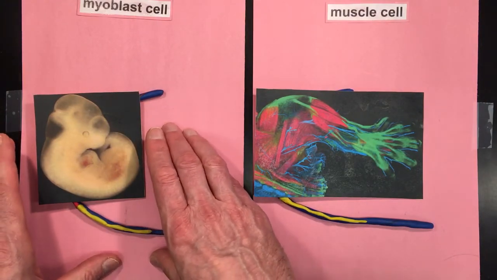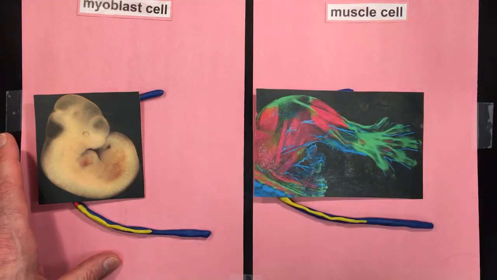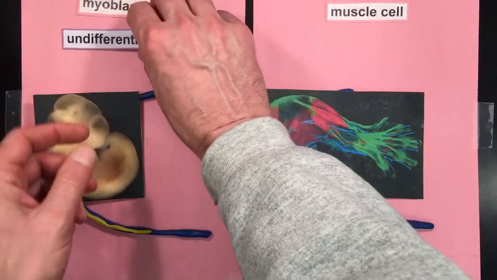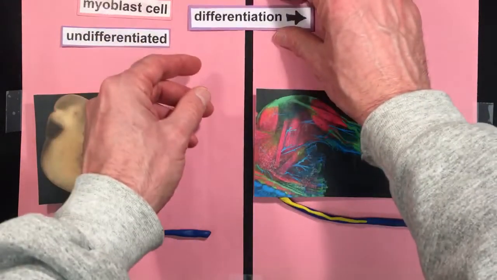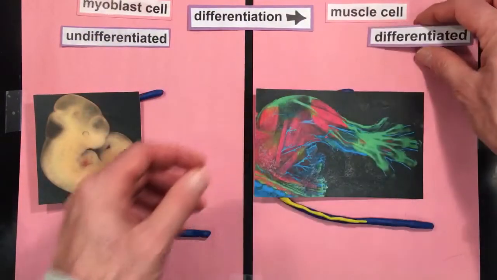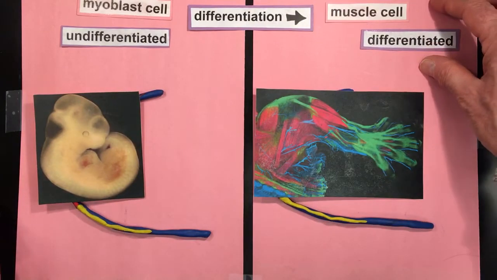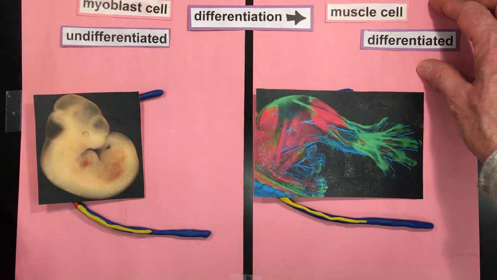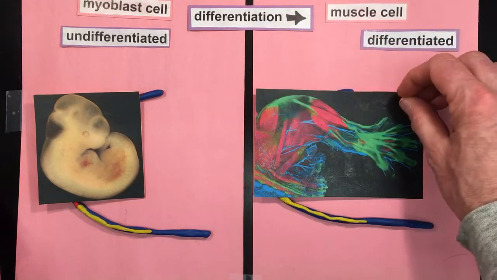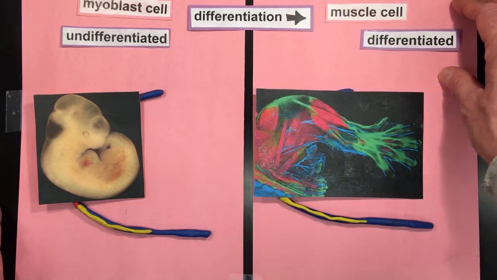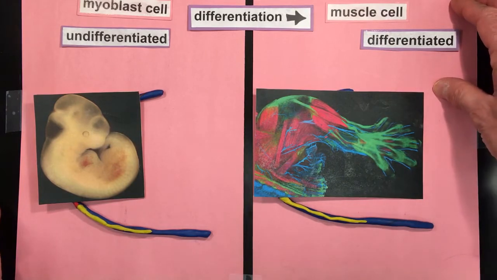That's because, in general, early embryos have undifferentiated cells, and then those cells go through a process of differentiation to become differentiated cells like muscle cells, brain cells, kidney cells, skin cells, etc. In other words, the cells that are going to do the various functions of the tissues in the body.